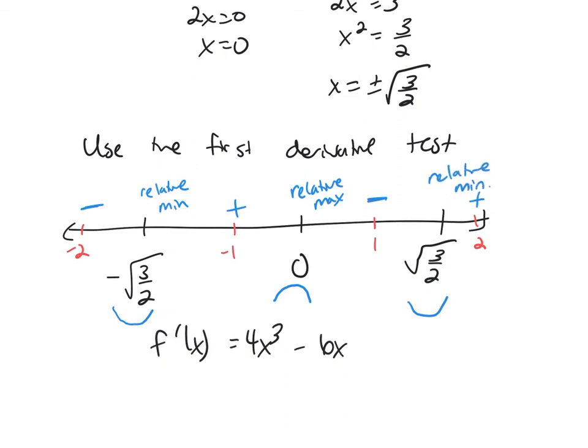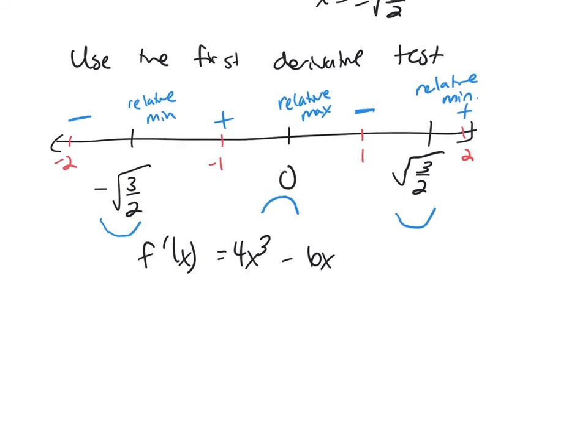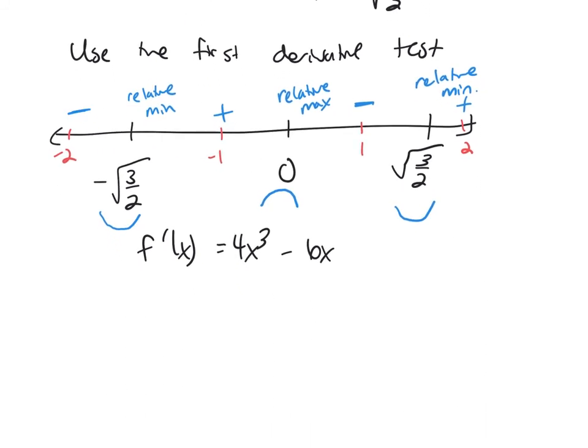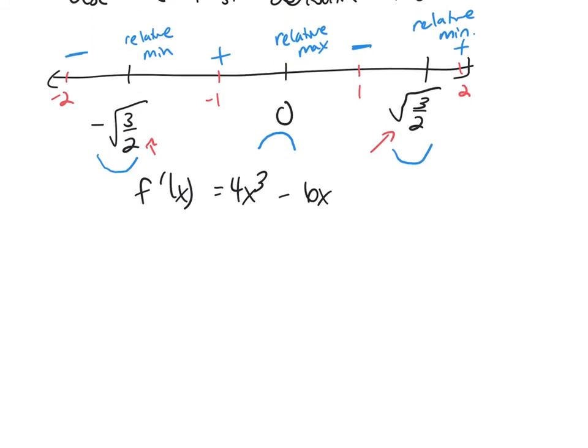Now remember, we're trying to minimize here. So now what we need to do is look back at these two possible minimums, and go back to our function that we were trying to minimize, d.